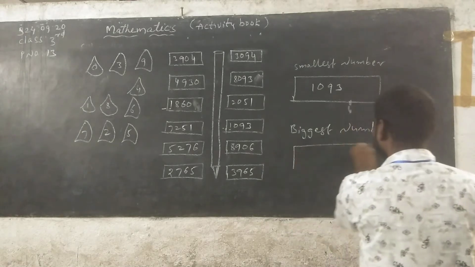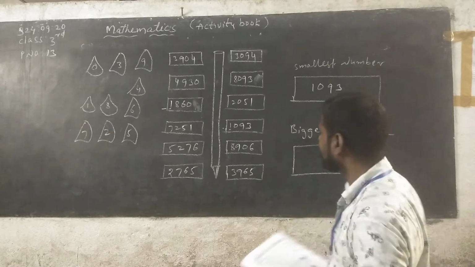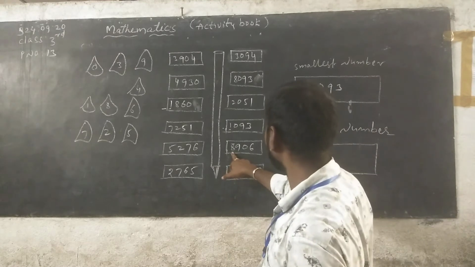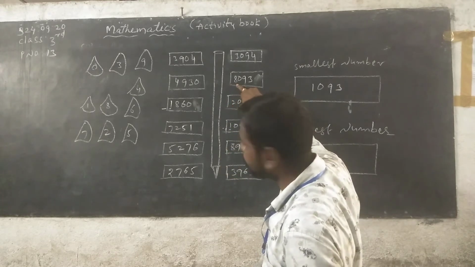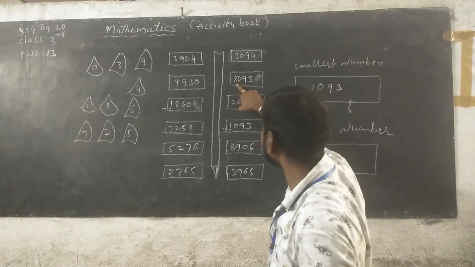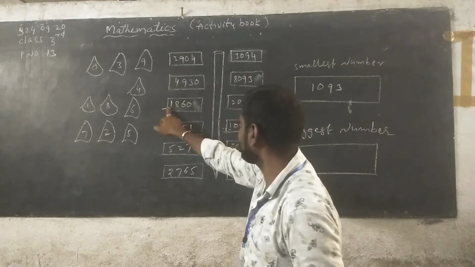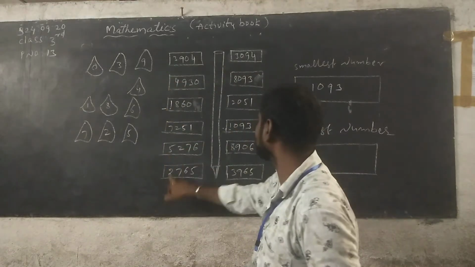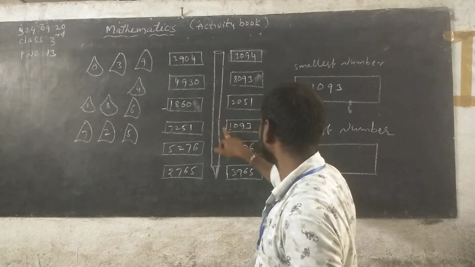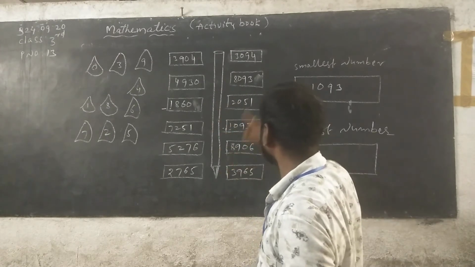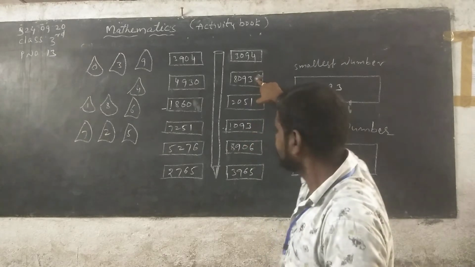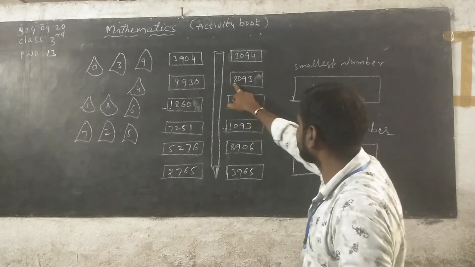See the biggest number. Here 8906 and 8093. The thousands place values are 3000, 4000, 1000, 7000, 5000, 2000, 3000, 8000, 2000, 1000, 8000. In 8906 and 8093, which is the biggest? 8000 and 8000 are the same.